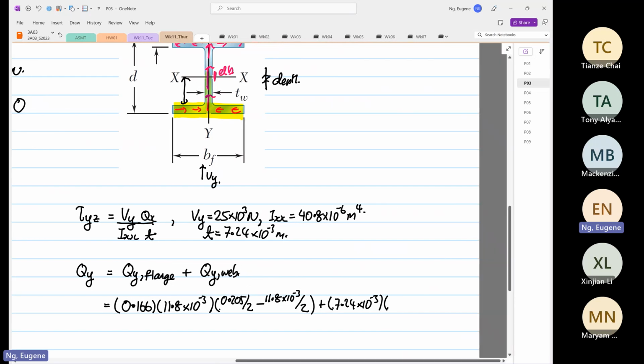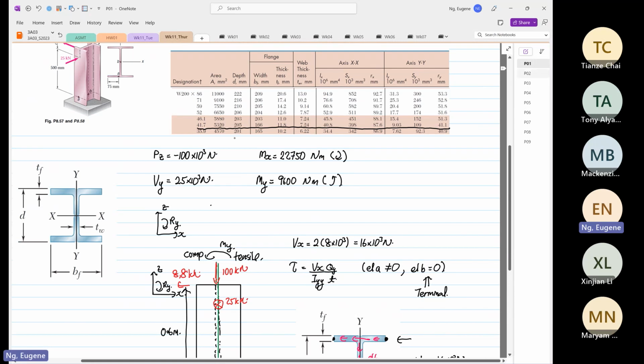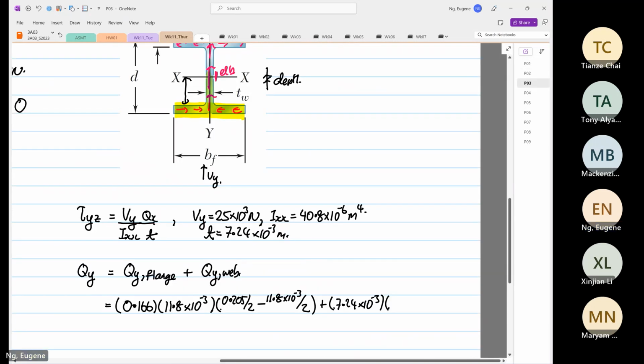D is 0.205, divided by 2, minus the thickness of the flange, which is 11.8 times 10 to the power minus 3.